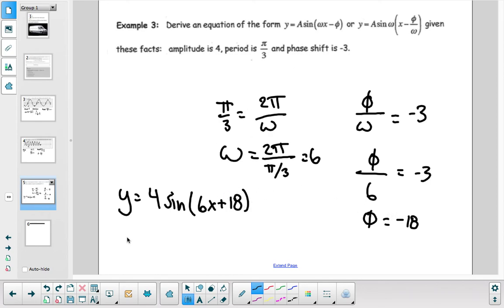Version number 2, which I would have done to begin with normally, is factoring out omega. So 6 times (x plus 3). This is always easier to go to. It's also easier to graph from because it's already factored. But if it asks for either one, it's a quick fix. Just have to multiply or factor it out, and it should be good to go.